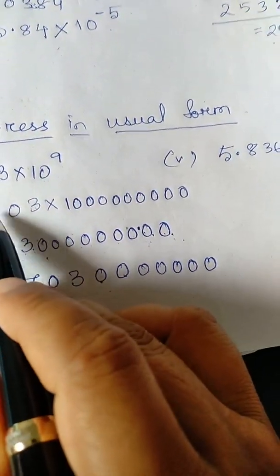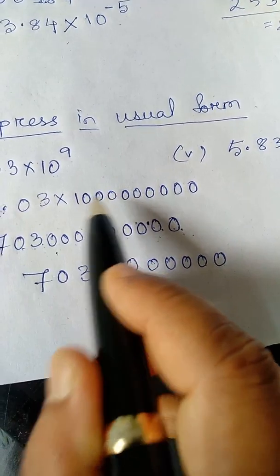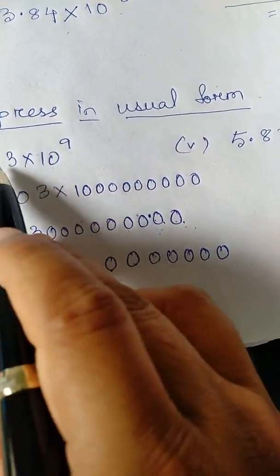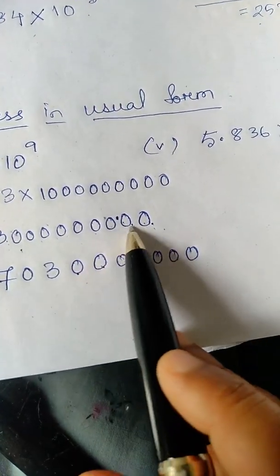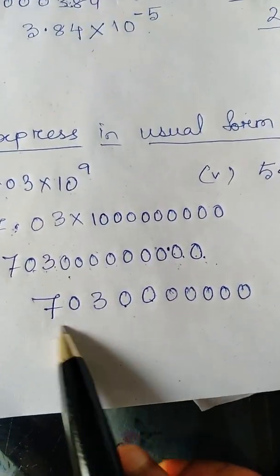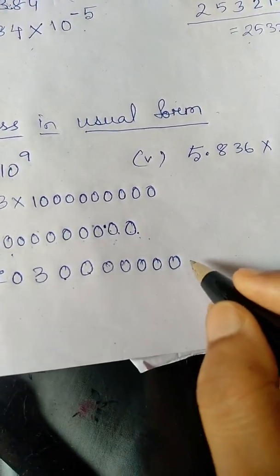That means this point will move 9 digits backward. So here the 7 digits you have to take, and the 9 will be reduced now. So the value is this one. I think I have made you understand.